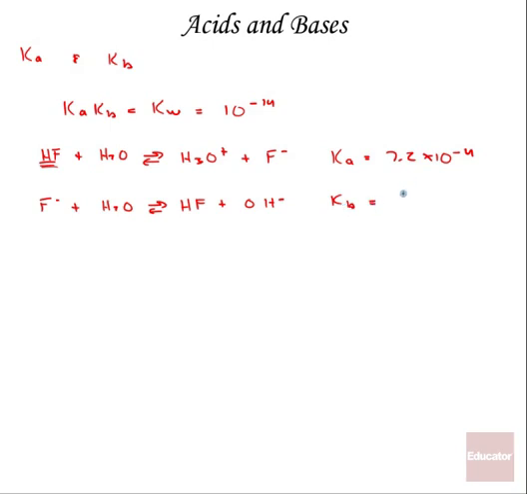Well, the Kb happens to equal the Kw over the Ka. Now, I just wanted to introduce it here towards the end. I'm actually going to be discussing more of this in the next lesson, so don't feel like, wait a minute, what's going on here? I am going to be beginning the next lesson with a discussion of Ka, Kb, and the relationship between those two, and we'll do some more problems.